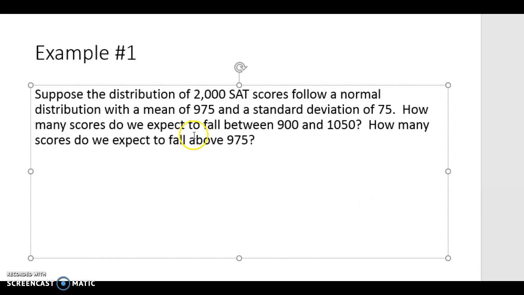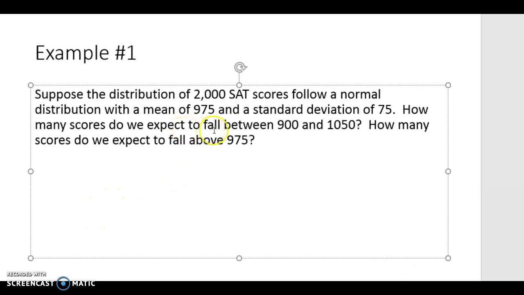Now, what that means is, first of all, it says it follows a normal distribution. That's important because now we know that it has all those properties of a normal distribution that we had talked about earlier, which means that the scores are symmetric per the mean, and it has all those other qualities that we use in statistics to look at.